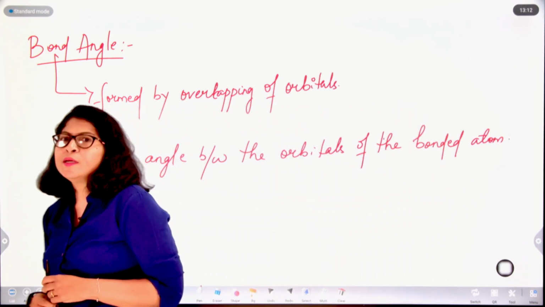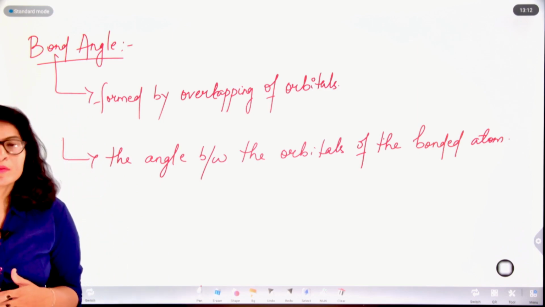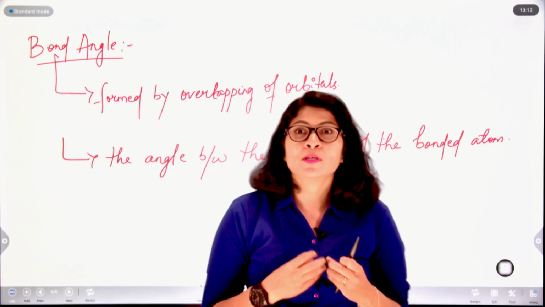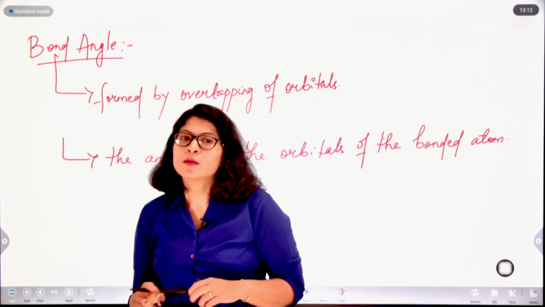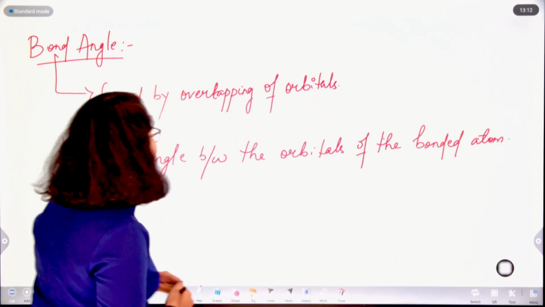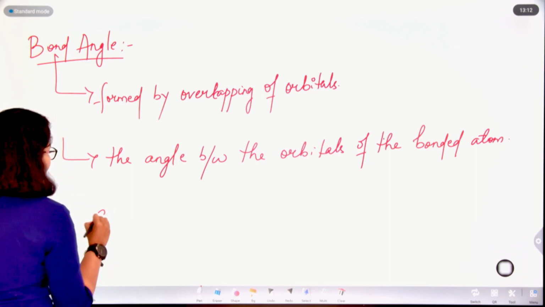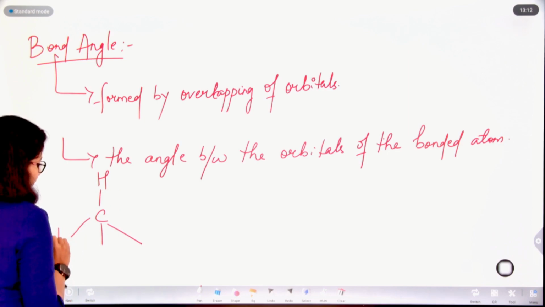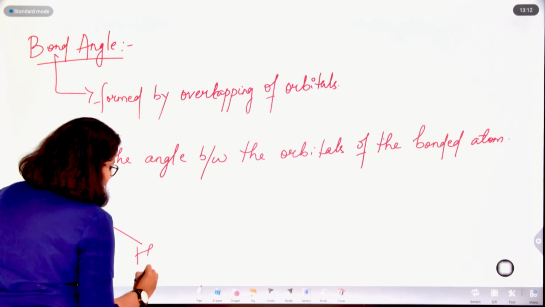Okay, so we will be dealing with bond angle in depth. We have further theories about that. We will be having a proper discussion of bond angle. But as of now, let us understand, bond angle is very much related to structure, okay, the structure of the molecules basically.